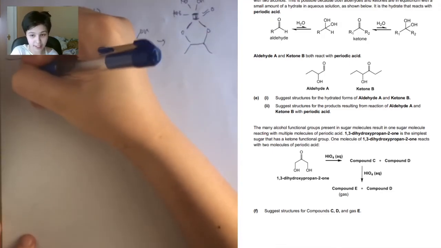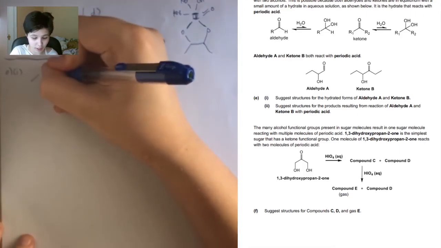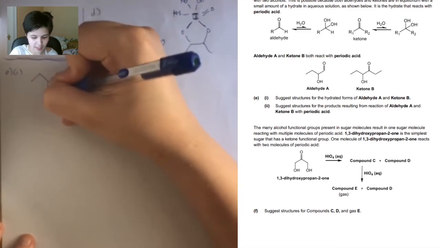So for the next part, for part E, we're introduced to a new way in which the algorithm we were first introduced to applies. We're in fact very, very kindly guided through the algorithm part I. So the aldehyde A becomes OH.